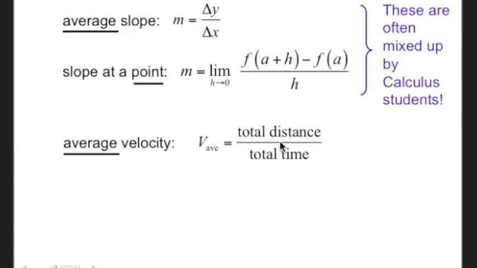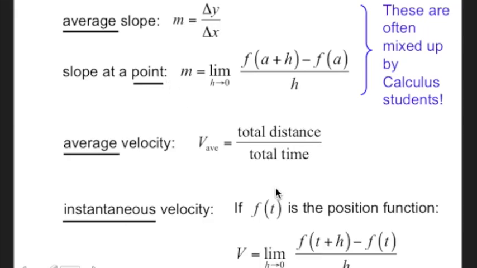It is rise over run, total distance traveled over total time. Instantaneous velocity, which is velocity at a single point in time, like velocity at exactly t equals 1 second, you're going to have to apply that definition of the slope at a point, which is taking the limit of that slope expression.